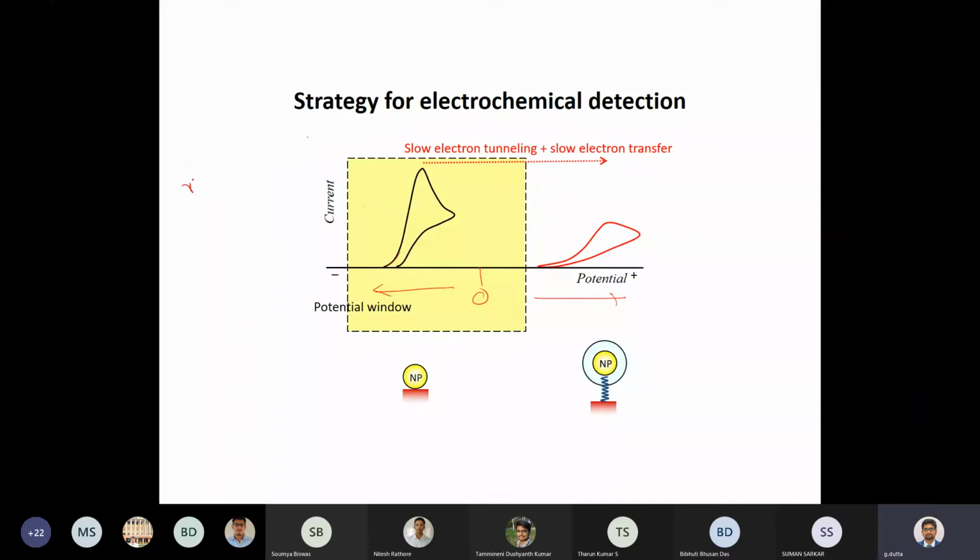If it is a reversible reaction, then you will get very good oxidation and reduction, because they can reverse oxidation and reduction. But if the reaction is irreversible, then you will get a very good oxidation curve, but there is no reduction curve. Right? Can you remember? I taught you, right? Yes, sir.